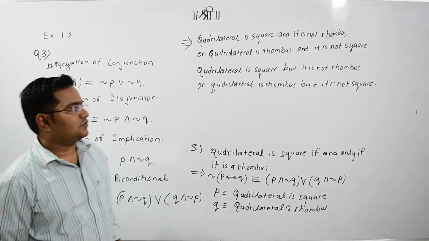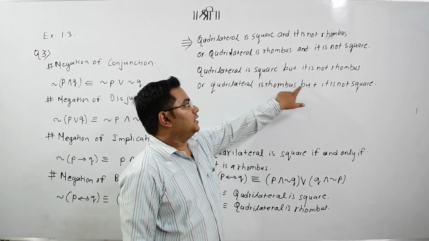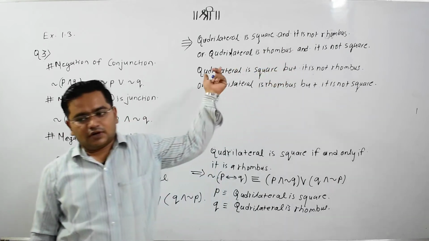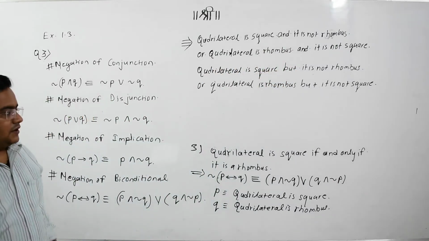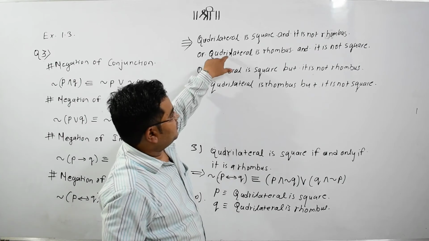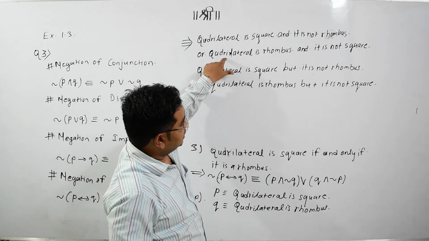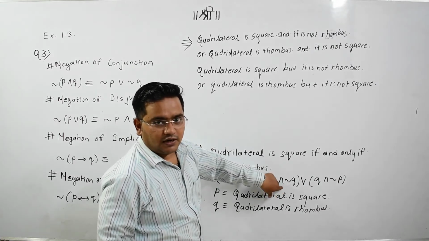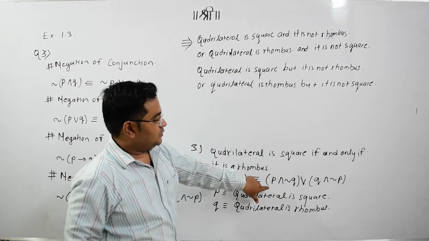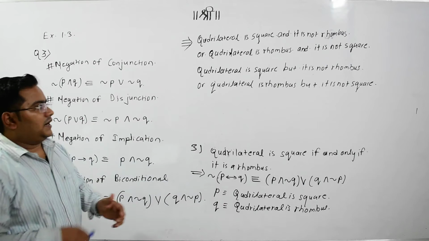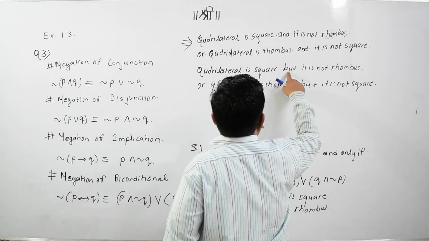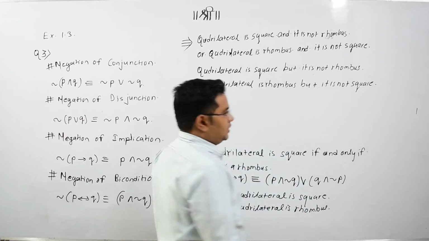Okay, the difference is what? They are using word but, okay, we need to use the word and. That's it. We used word and, they are using but. So as you can see, I performed this just to make sure that our statement is equivalent to this statement. Understood? For that purpose only I am doing this step. Okay, and you can simply substitute and by but word. Okay, hope you got it.